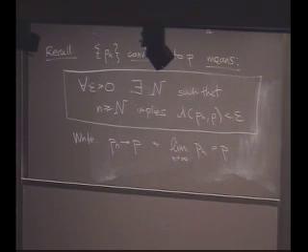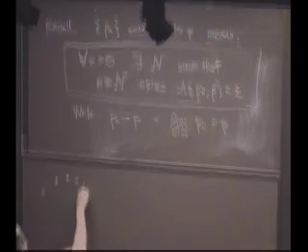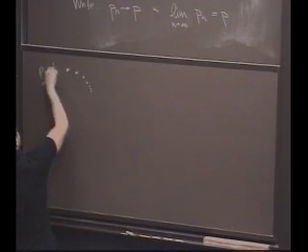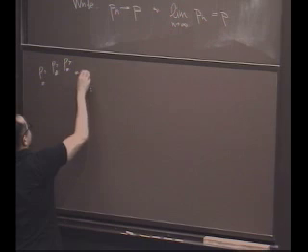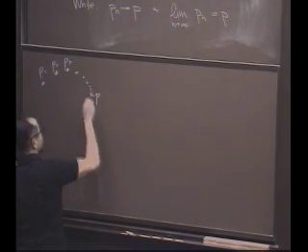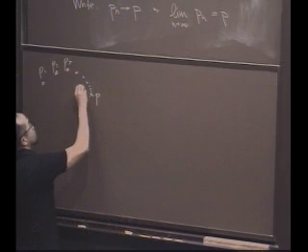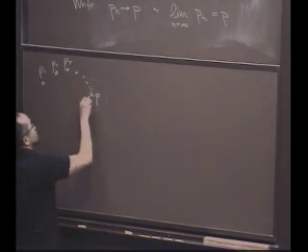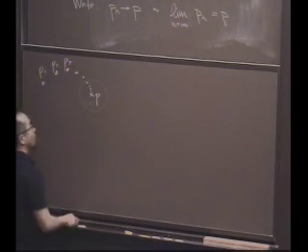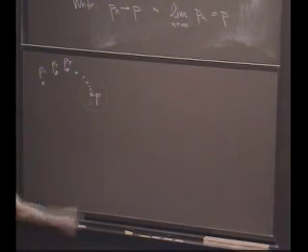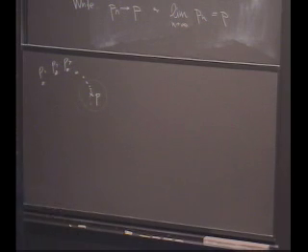Well, if you have a bunch of points of a sequence, we'll say that they converge to some point P if, no matter what epsilon you give me, there is some point in the sequence beyond which all the points are within epsilon of P. That's basically what that definition says, right?